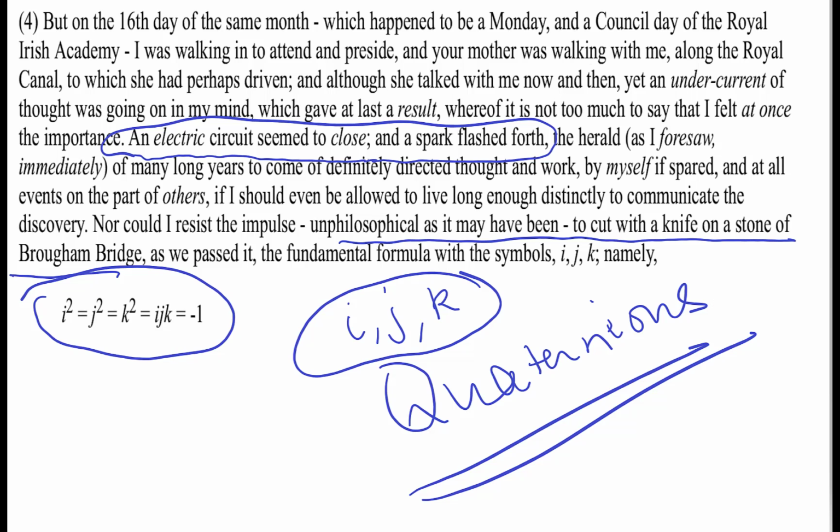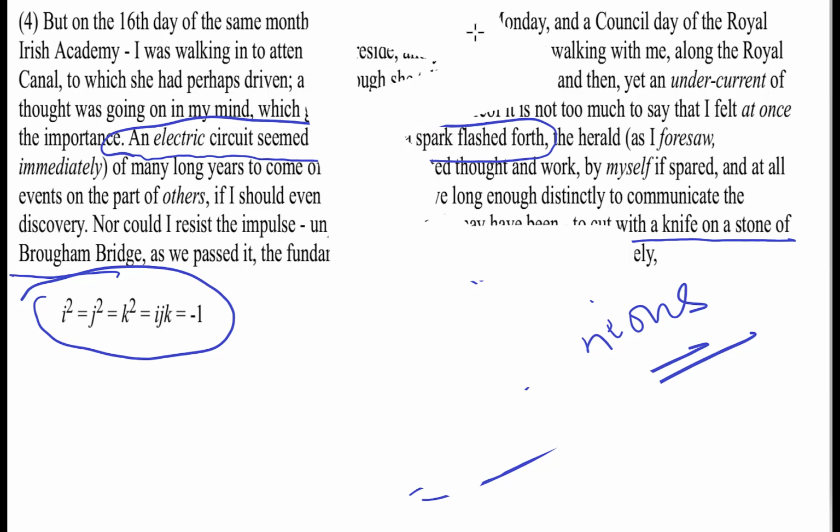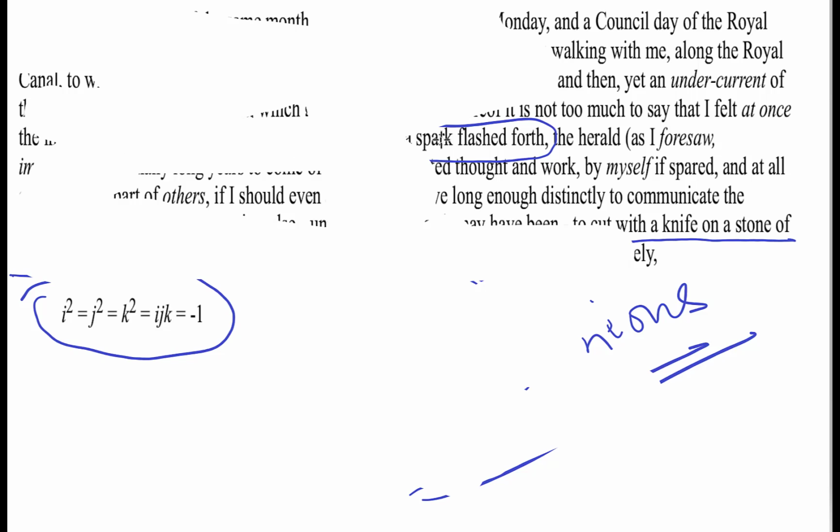construct based on this. So let me erase some portion and just write the group of quaternions here, because I want to keep this original thing here as it is. I mean, it was not really by Hamilton. You shall see a picture on the bridge.